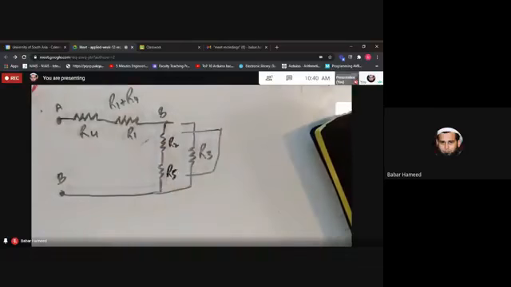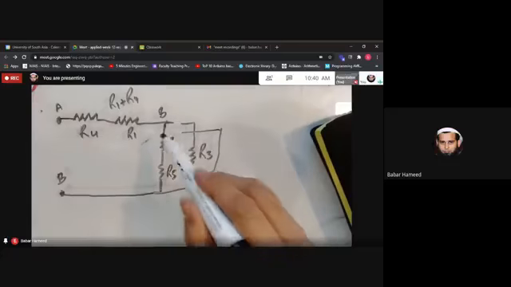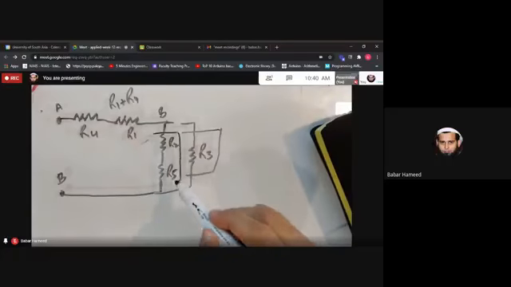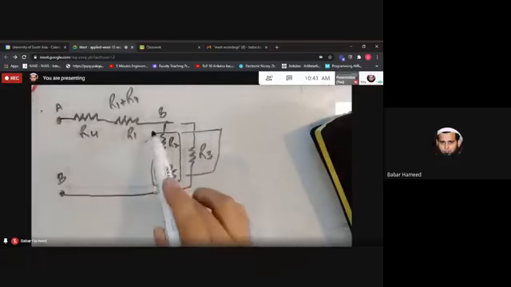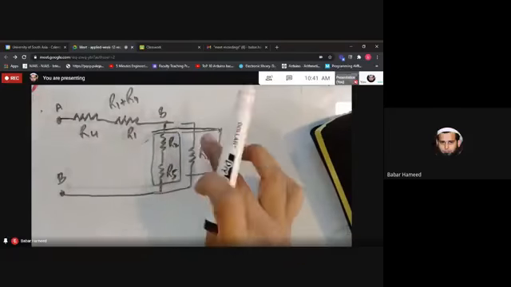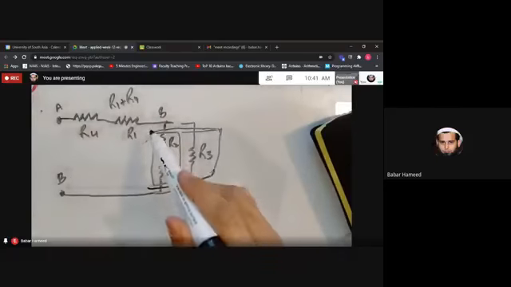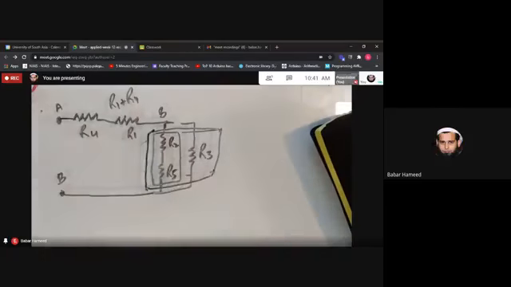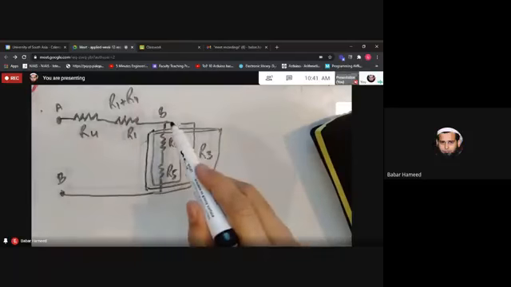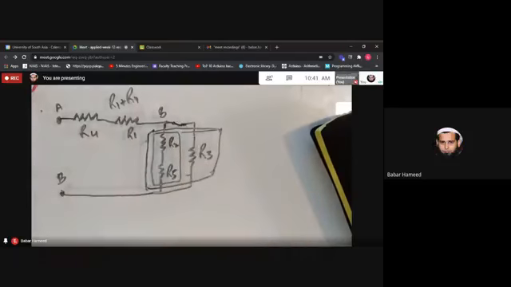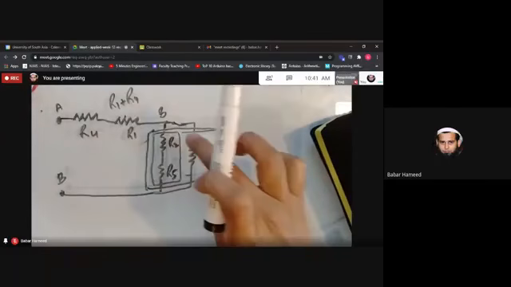Now, R5 is connected in series with R2. The series combination of R2 and R5 is in parallel with R3. I repeat, the series combination of R2 and R5 is in parallel with R3.